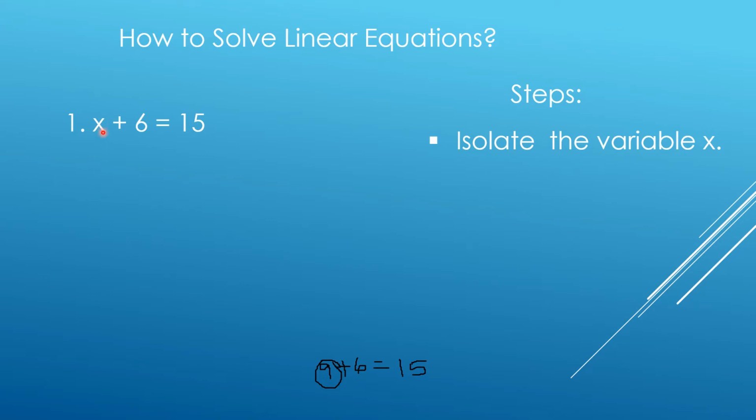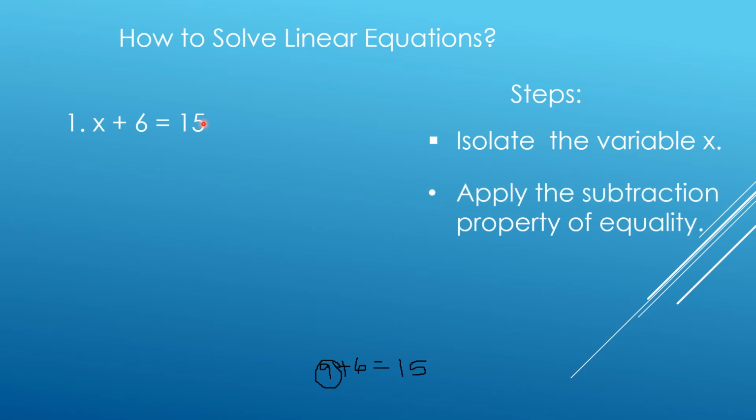on the left side of the equation alone, which means that we need to get rid of 6 here. We need only x on the left side of the equation. So how to get rid of 6 is by applying the subtraction property of equality.